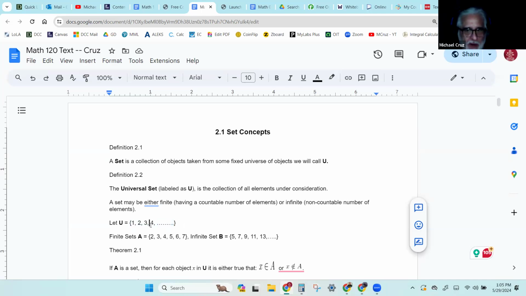So if this is our universal set, in other words, 1, 2, 3, 4, 5, 6, 7, 8, 9, going on and on to infinity, which is just all the counting numbers, then if that's our universal set, then we can go through and pick sets out of that. So a finite set is just one where we have all of them listed.